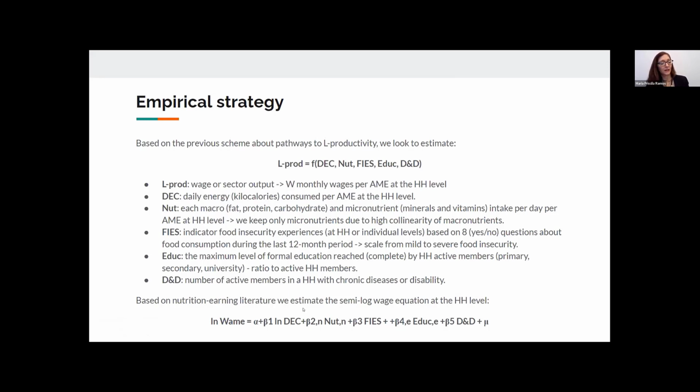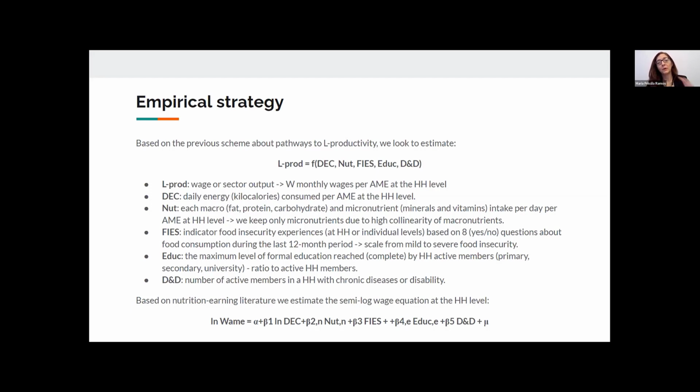Before doing the econometric regression, we evaluate collinearity of these explanatory variables, and we had to leave aside all macronutrients, that means fat, protein, and carbohydrates, because they show a high correlation with the calories, and also between them, and also with some micronutrients.